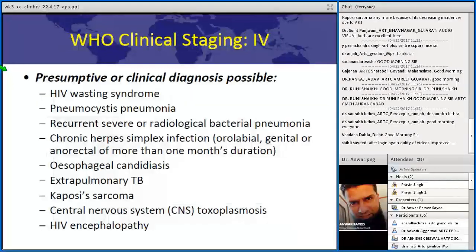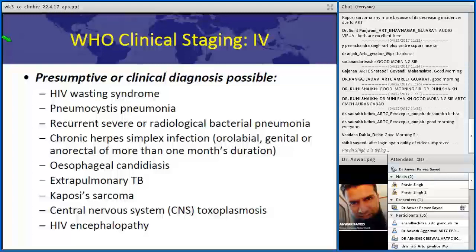In stage 4, AIDS defining conditions, the list is exhaustive. So there are some certain conditions which can be again diagnosed by presumptive way, or clinical diagnosis is possible. For example, HIV wasting syndrome, pneumocystis pneumonia. Like you will say that is it a presumptive diagnosis? Seeing it on X-ray is again a presumptive diagnosis.